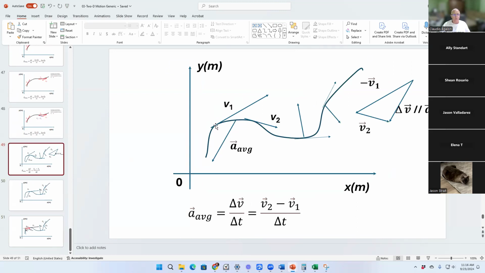The average acceleration vector between V1 and V2 will be somewhere in this direction, towards the center of the concavity. Because this velocity vector is much longer than this one, let's do that, right? V2 minus V1, look what happens. It's going to be really in this direction that I mentioned.